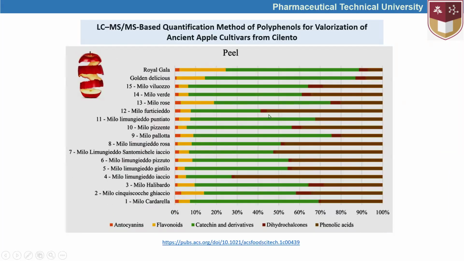Okay, next one. This is another interesting paper. In this paper here, we can see the LC-MSMS-based quantification method of polyphenols for valorization of ancient apple cultivars from Silento, whatever. Okay. Here, the color intensity is very close to each other.